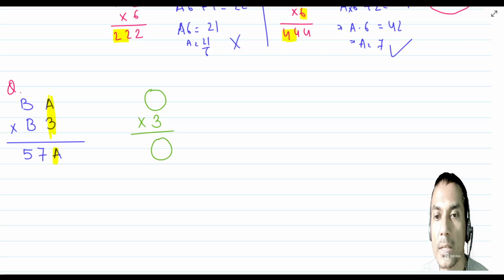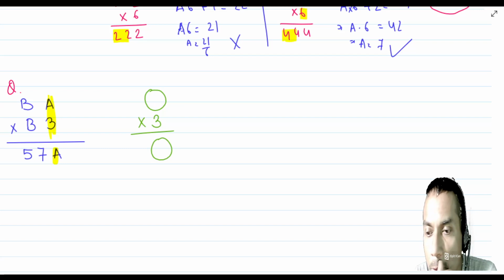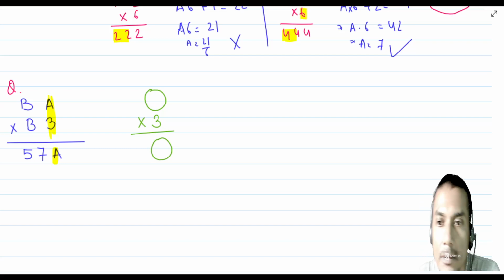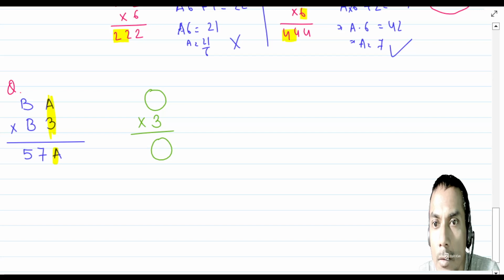So how many possibilities are there? So if I take 1, then it is possible. Okay, why? Because 1 into 3 becomes 3. So it is not possible. Sorry, it is not possible.